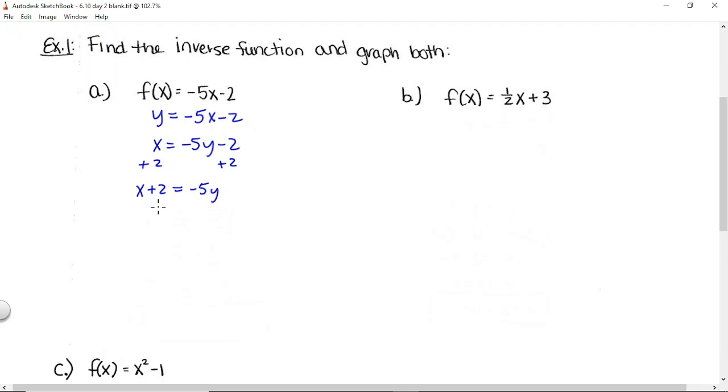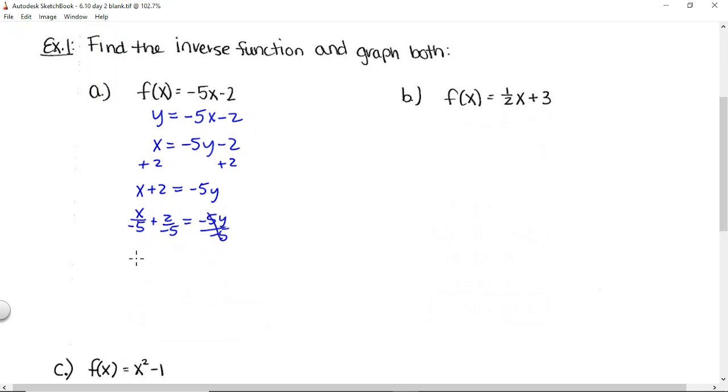Now we divide both sides by negative 5. To do that, we'll divide each term on the left by negative 5. And on the right, divide by negative 5, and of course it cancels there.